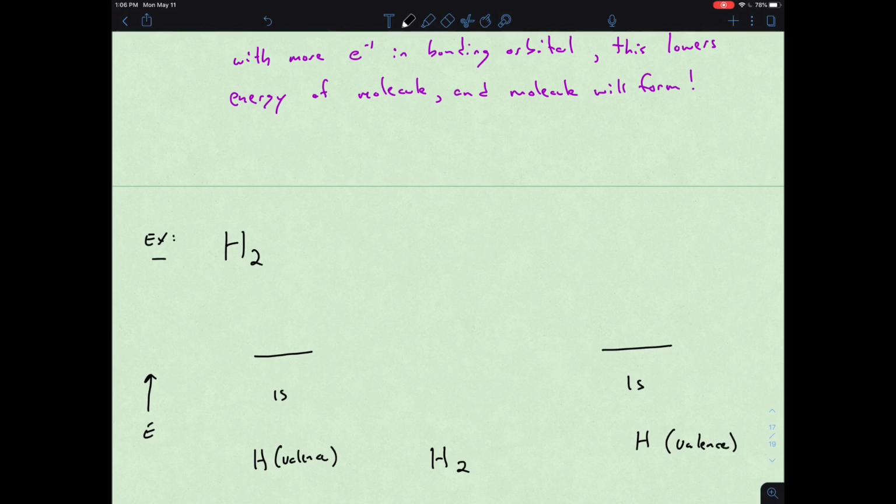When we bring these two orbitals together, each one has one electron in it, right? We're going to see a lowering of energy, and we're going to see an increase in energy as well, of the same magnitude up as down.